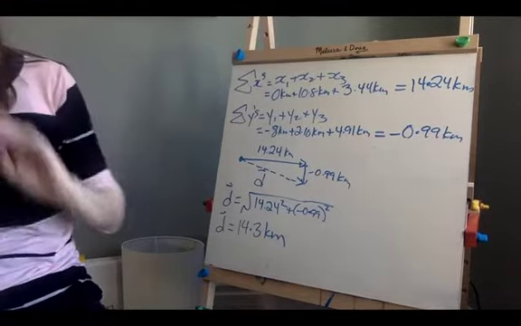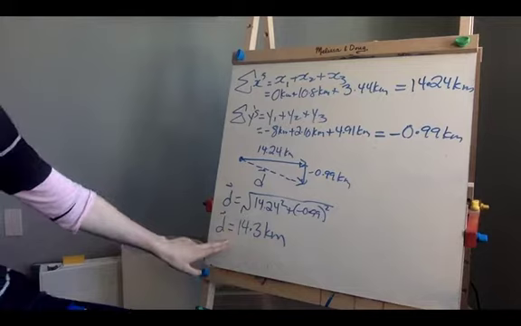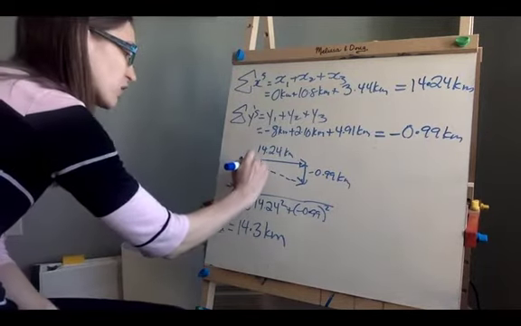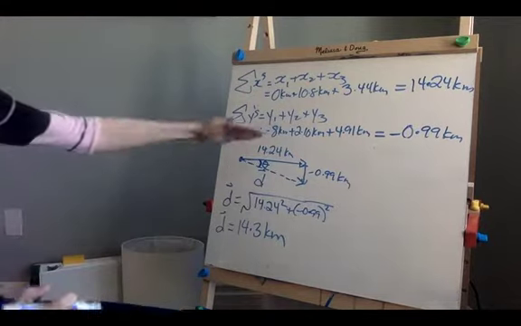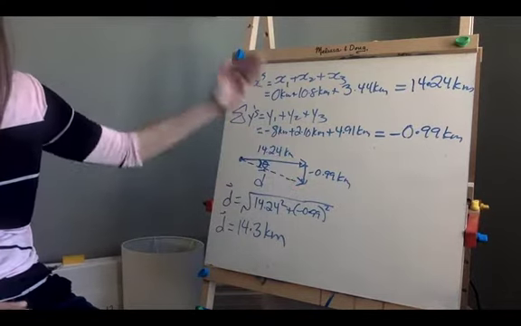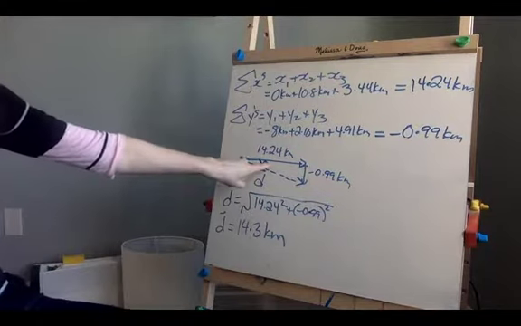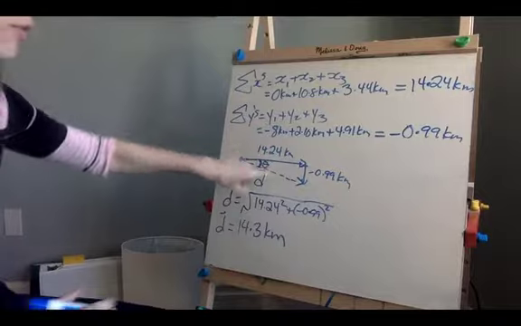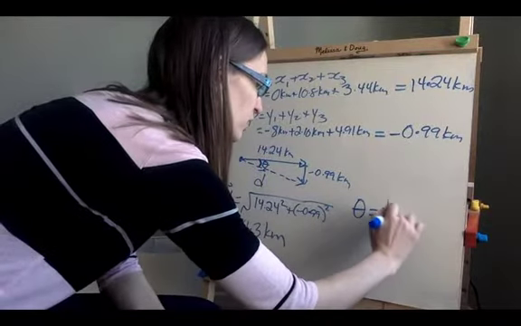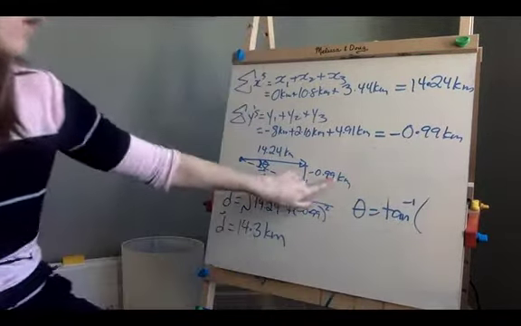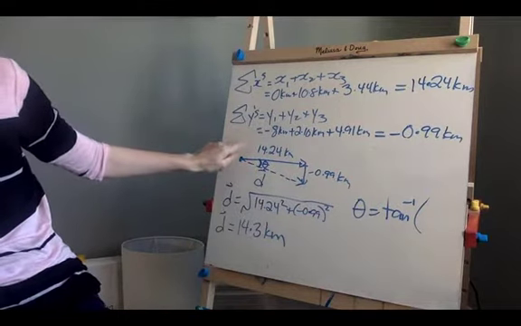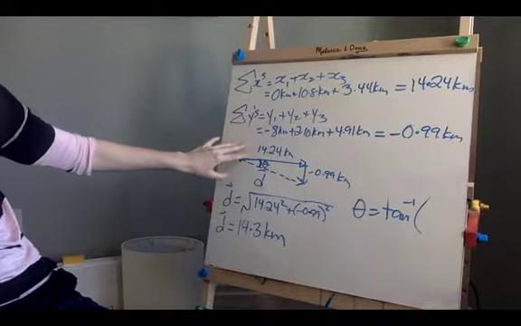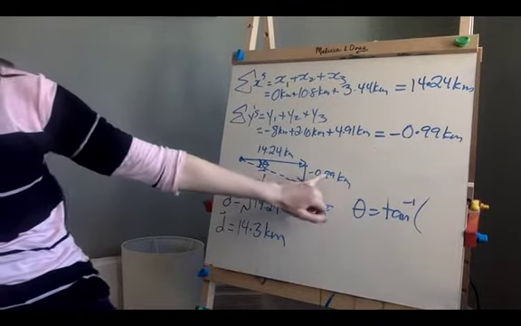Okay, so now we have the displacement, but we also need its direction. So again, if we can solve for this angle in here, that's east, whatever this angle is, south. And again, because we have the opposite and the adjacent side length, we can just use tan to solve for that angle. So the angle of theta would come from tan inverse of the opposite divided by the adjacent. And remember what I told you when I first started teaching this method. When you're doing this, only use the absolute value.